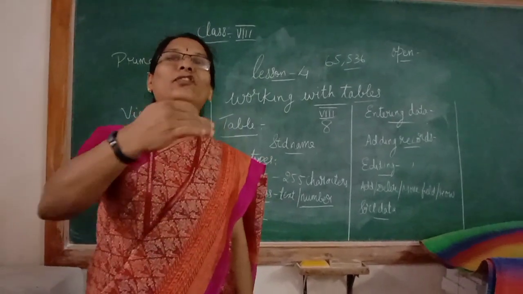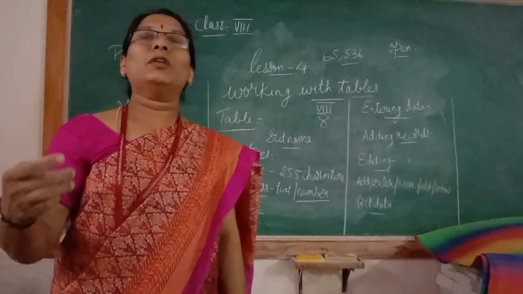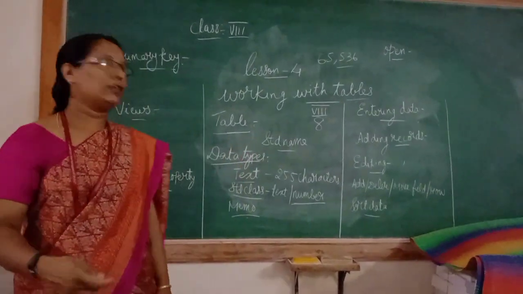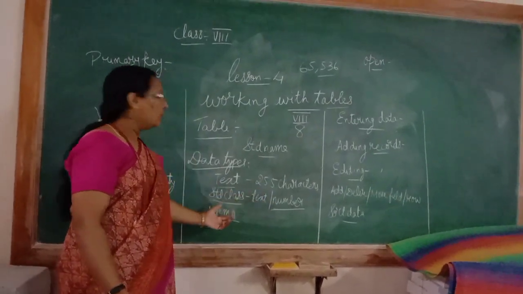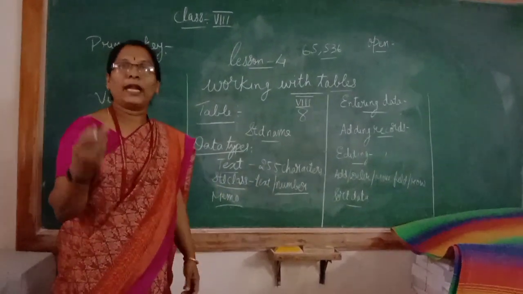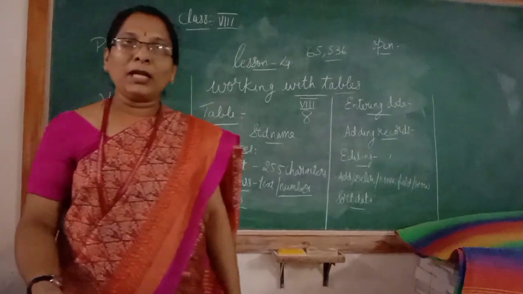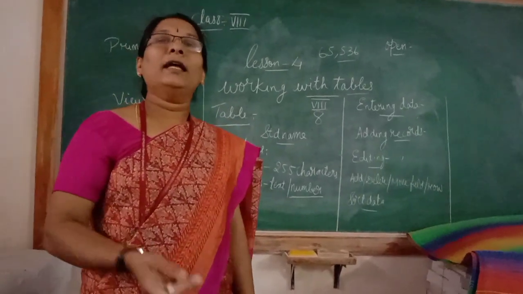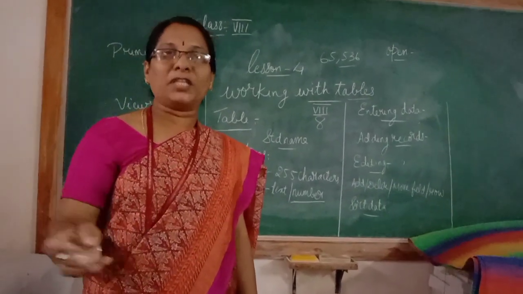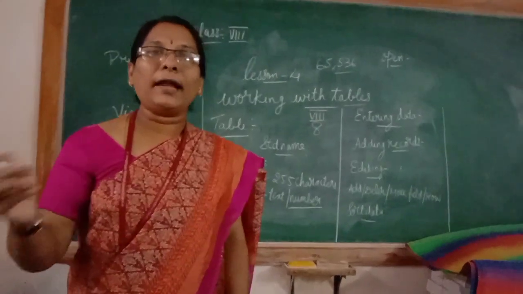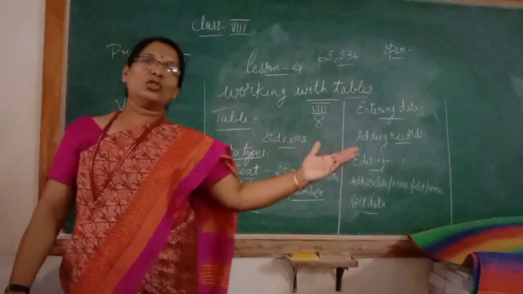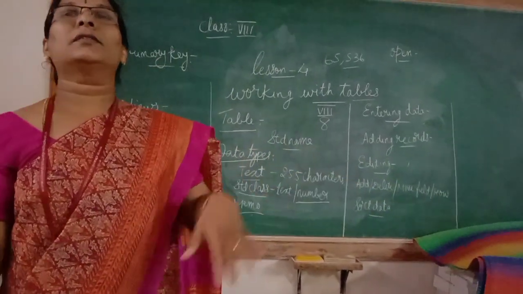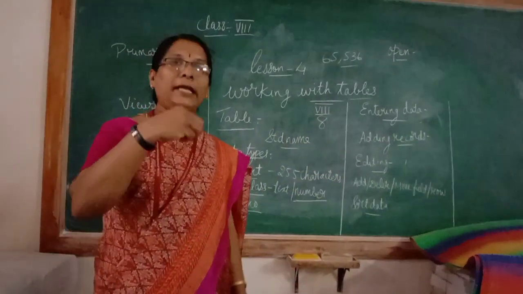So these are all the different data types we are going to discuss in detail. First is text, then you have number data type, then memo, then date and time, attachment, hyperlink, then you have OLE object. That means object linking and embedding. You can attach any object from any source file which is available on your system, for example a paint image or a signature.